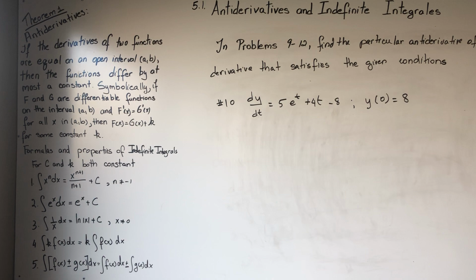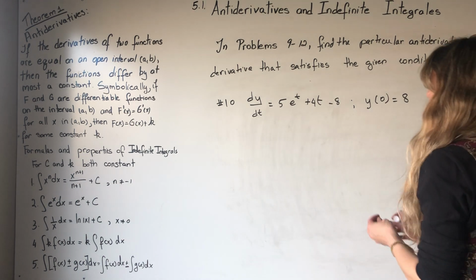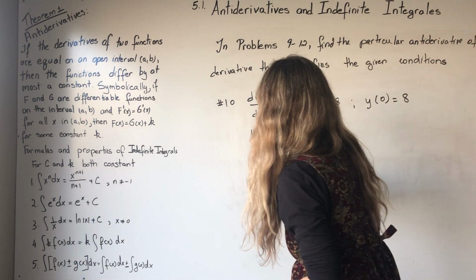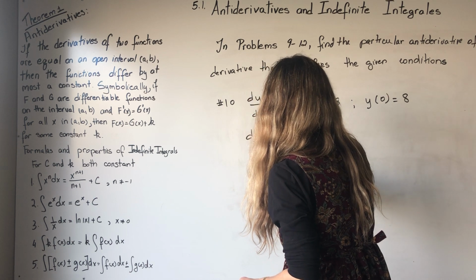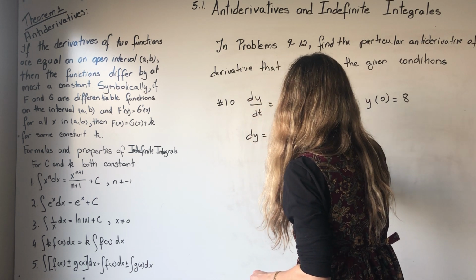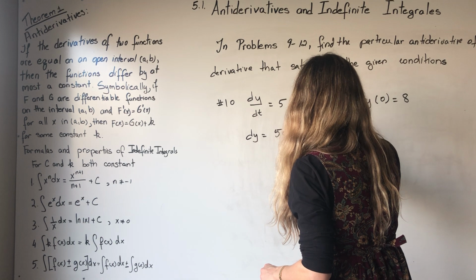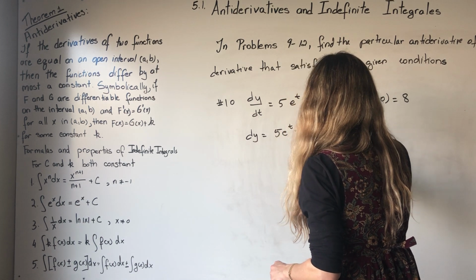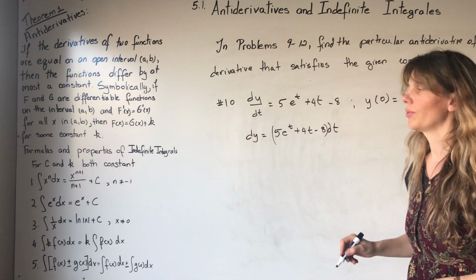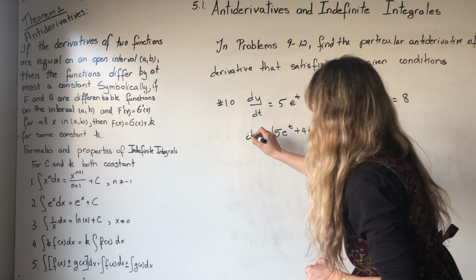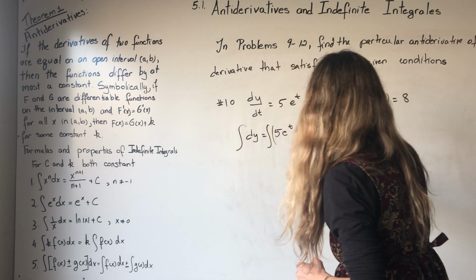So let's do it. So dy is equal to 5e to the t plus 4t minus 8 dt. Right? Next, we have to take the integral of both sides.